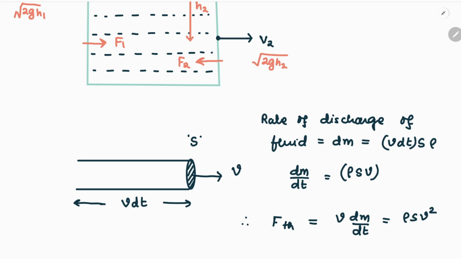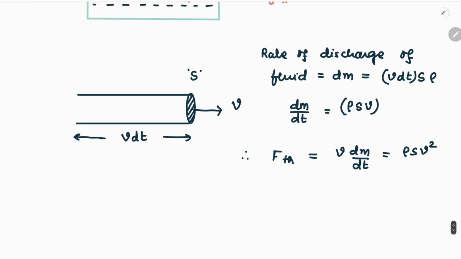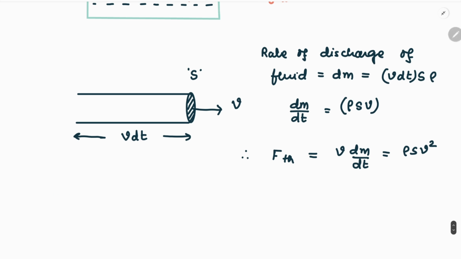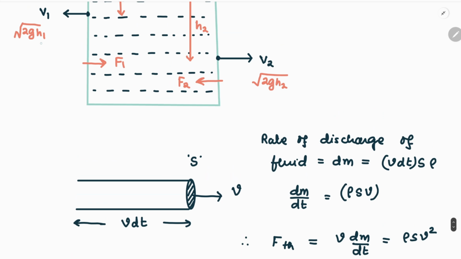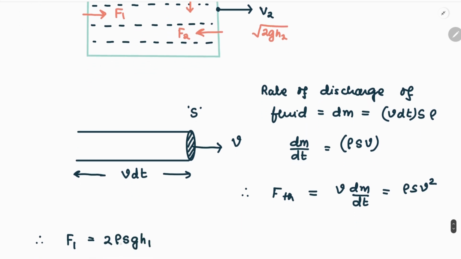So from this result we can say that F1 and F2 are acting in opposite directions, where F1 is going to be equal to rho S v square. Here the v square value is 2g h1, so F1 is 2 rho S g h1, and F2 is going to be 2 rho S g h2.